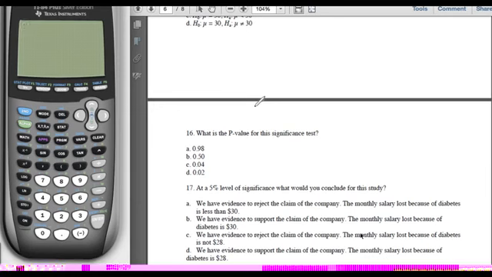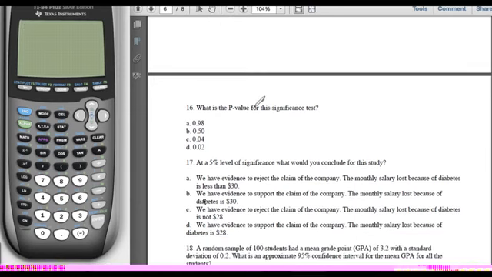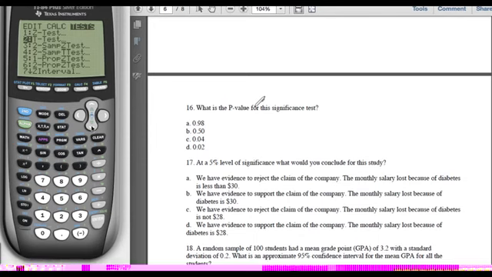Number 16, what is the p-value for this significance test? So to find my p-value, we've always gone to the calculator. It'll be STAT, TESTS, number 2, the t-test. This is a hypothesis test for means, for averages. We're talking about mu's. So like this. I don't have the raw data. I have the statistics.